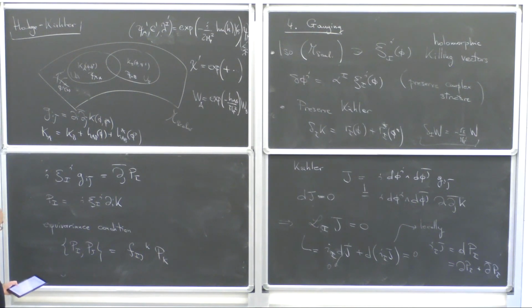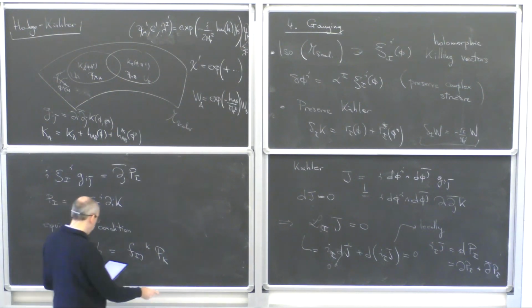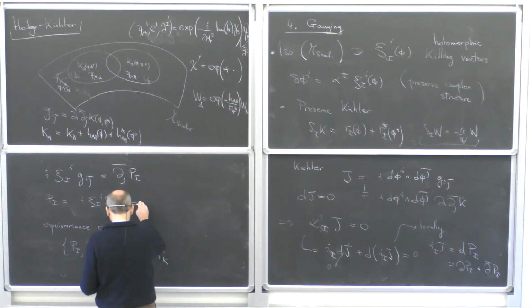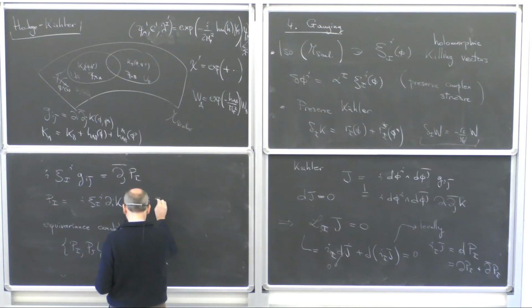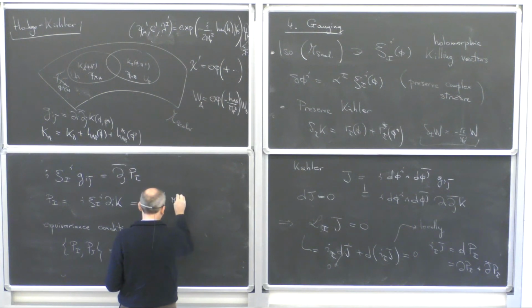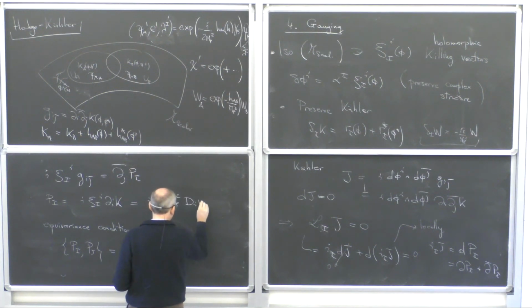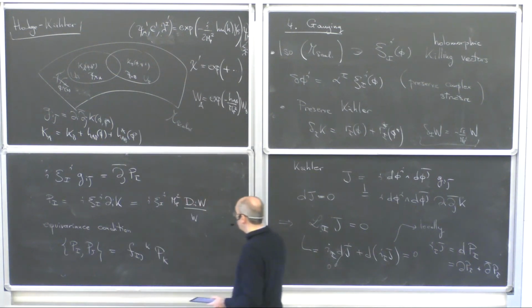So the fact that the prepotential should transform in that way tells you that this can also be written as the covariant derivative of the superpotential divided by the superpotential.